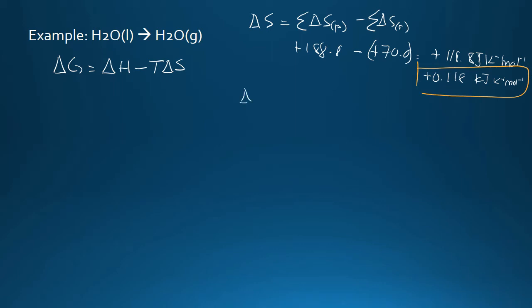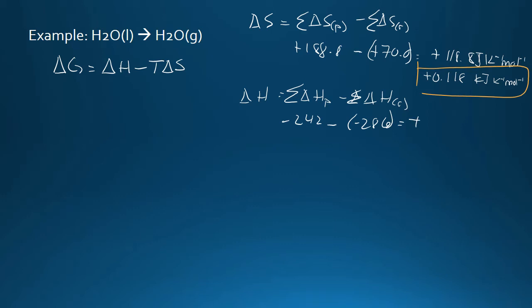Now we need delta H. And remember, delta H of reaction is the summation of delta H of your products minus the summation of delta H of your reactants. Again, the values can be found in section 12. So we have negative 242 minus a negative 286.